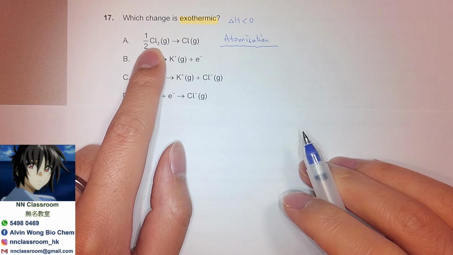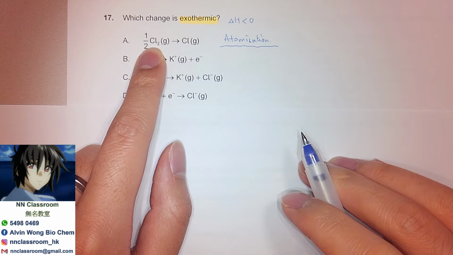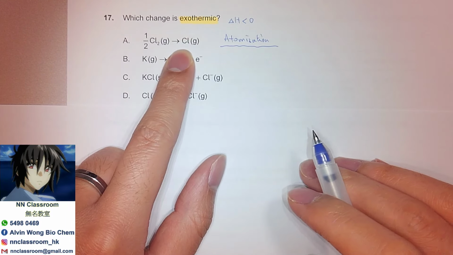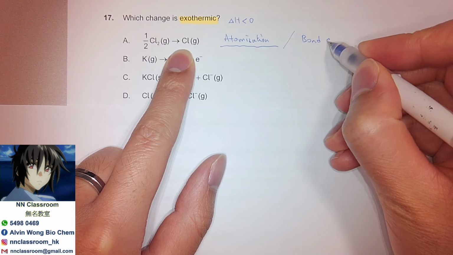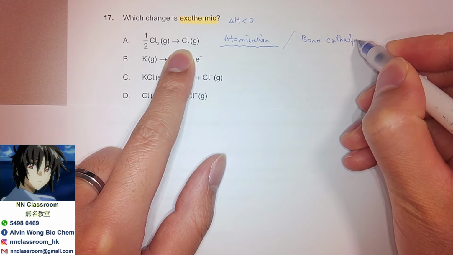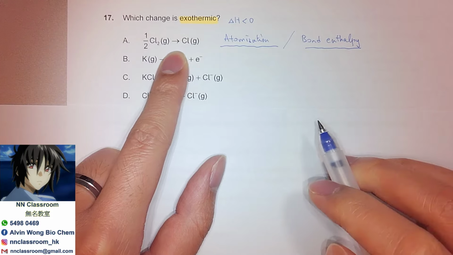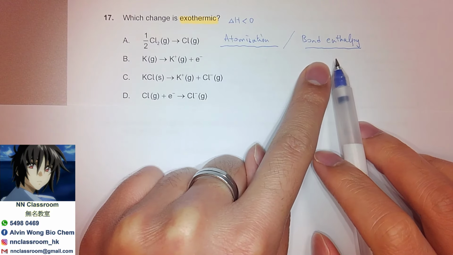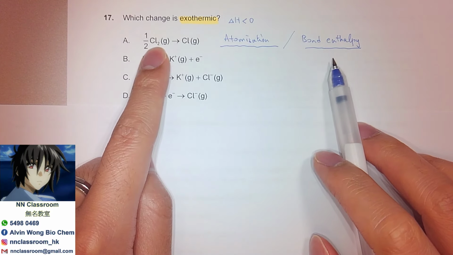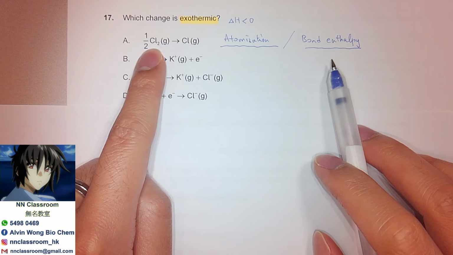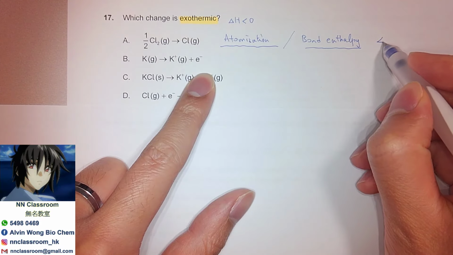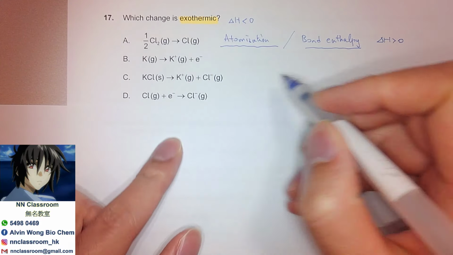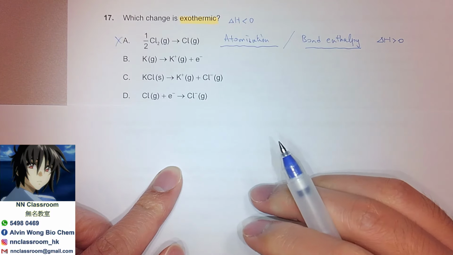Because now you see the bonds are being broken back to gaseous state atoms. So this also relates to the concept of bond enthalpy, and the energy is always required to break the bonds, in this case the covalent bond of Cl-Cl. So remember, breaking bonds is always endothermic, right? So that's why obviously not the choice of A, right?